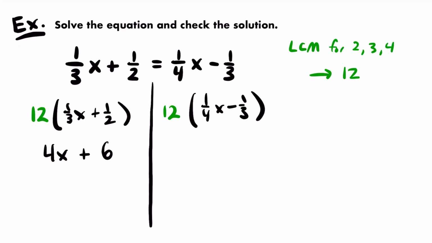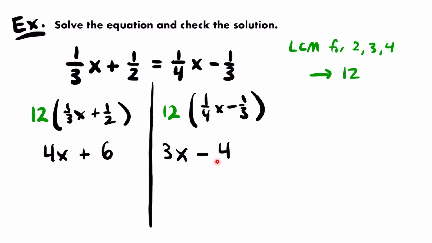So we have 4x plus 6 on this side, and then over here, 12 times 1/4 x would give you 12 divided by 4 x, but 12 divided by 4 is 3, so what we get here is 3x, and then 12 times negative 1/3, that will give you minus 12 divided by 3, but 12 divided by 3 is 4, so we have minus 4.